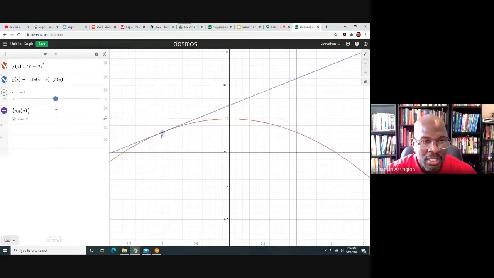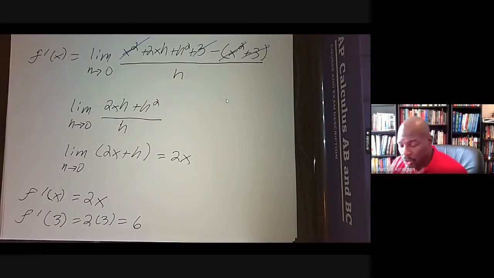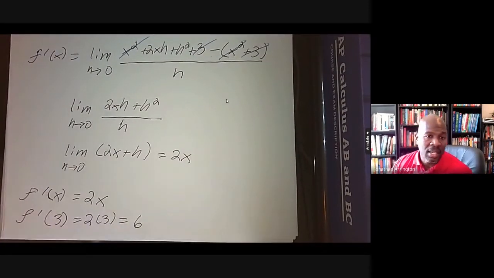So the slope of the tangent line depends on the value of the x coordinate where it is located. So for instance, if I wanted to know the slope when x was 3, I will plug in 3 to this function. That slope would be 6. The slope of the tangent line when x is -4 would be -8, and so forth. So the value of the slope depends on the value of the x coordinate of the tangent point.